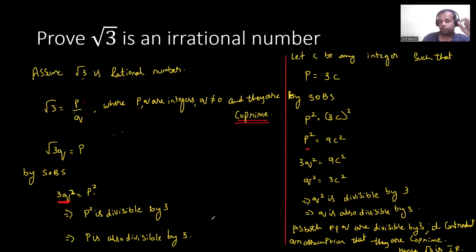So hence the co-prime word is pretty important for explaining the whole process. In that last part, the assumption that they are co-prime is not coming out to be true. Hence, our assumption is wrong, and therefore the given number root 3 is an irrational number.